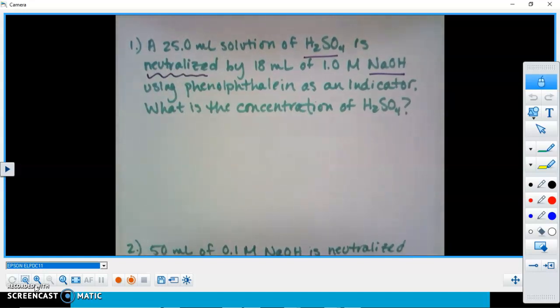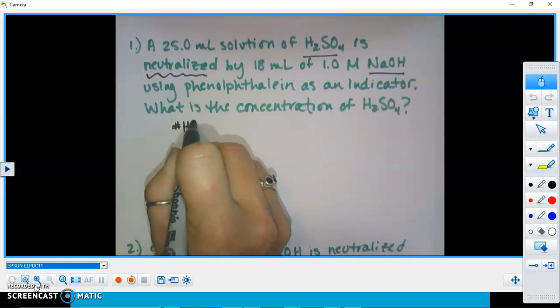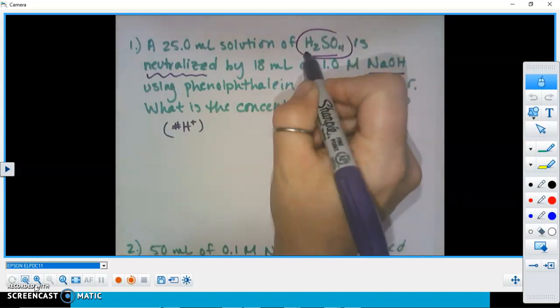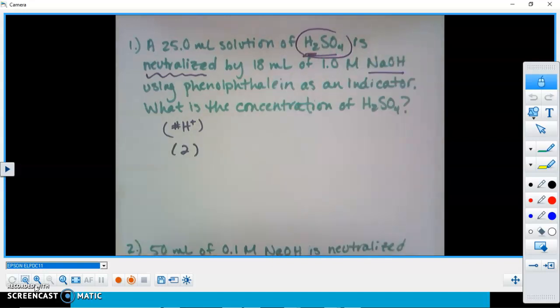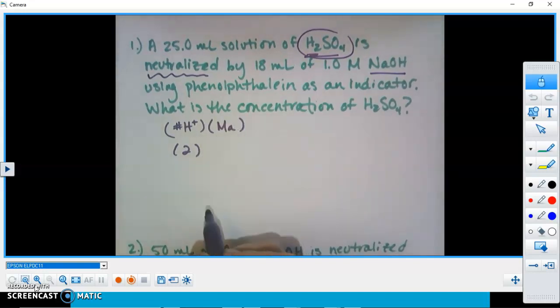Also, the fact that it tells you it's using indicator is going to help you know that this is a titration question. We want to take into consideration the number of hydrogen ions in the acid. So when you look at H2SO4, there are 2 of those. The next variable is the molarity of the acid.